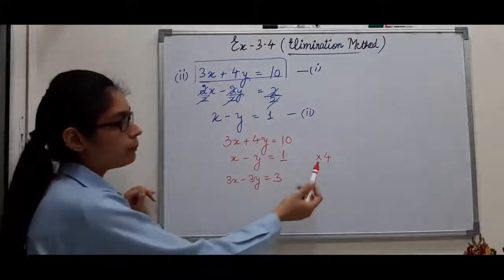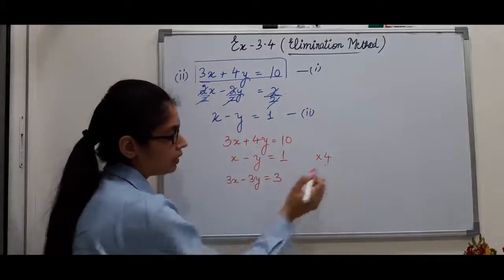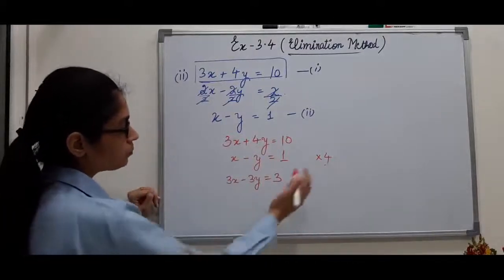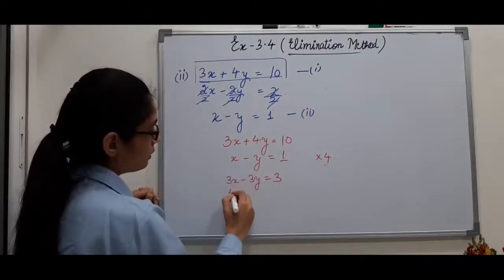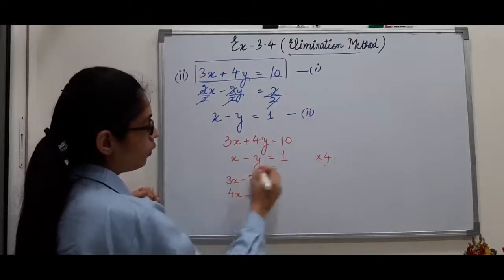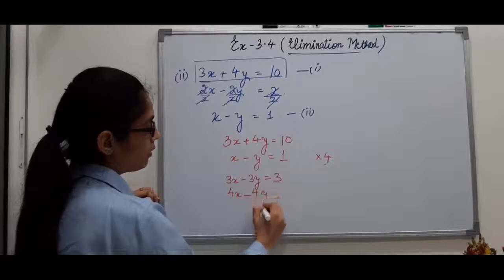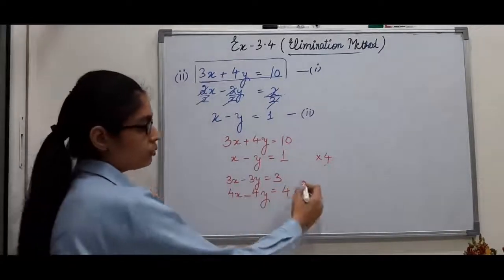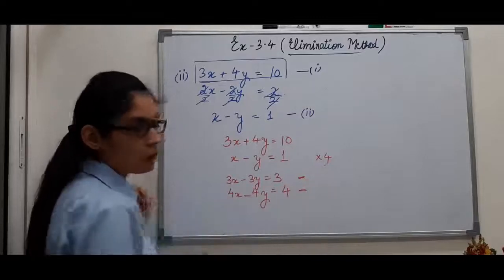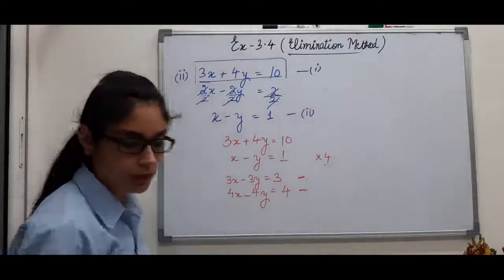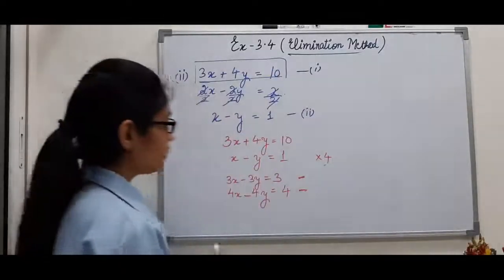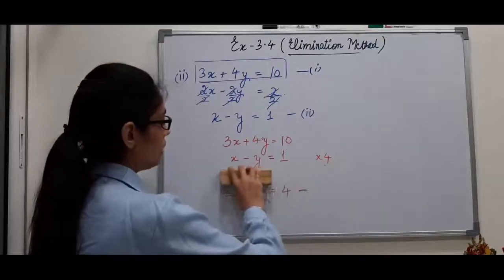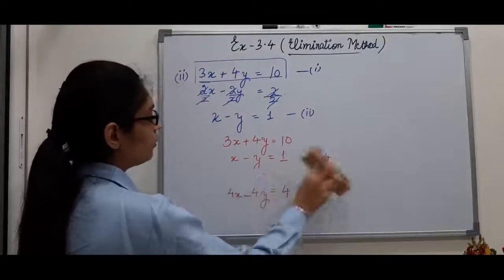If I multiply the equation with 4, I will get 4 into x is 4x, 4 into y will be 4y, and 1 into 4 will be 4. So I can use either this equation or this equation. It's my choice which equation I want to use. I want to use the one where I multiply the whole equation with 4.